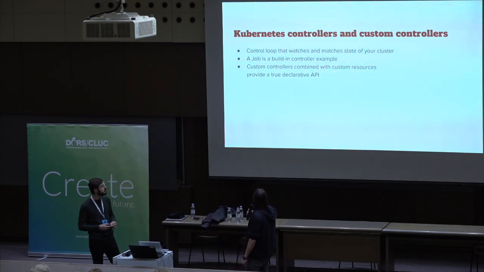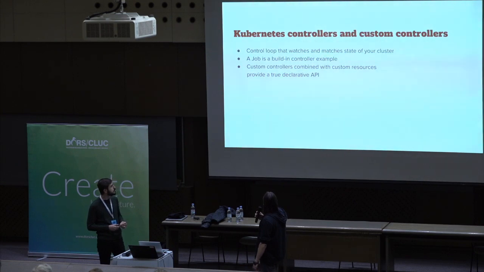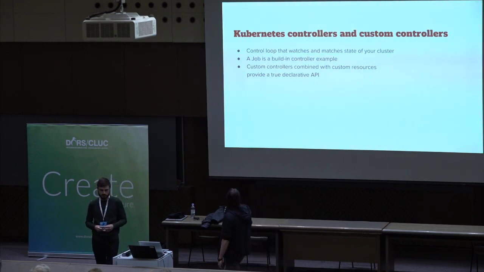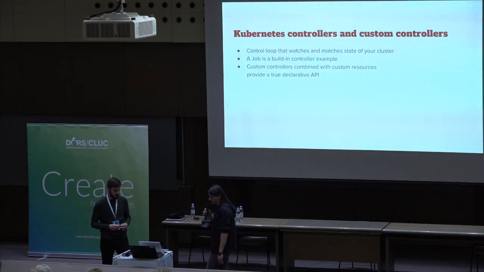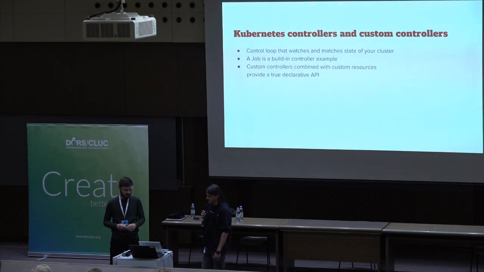A job is a good example for this. We create a job, it executes something, and it's gone from the cluster, right? So these custom controllers combined with custom resources are a way to have a true declarative API where we just define the configurations and then apply them in Kubernetes.